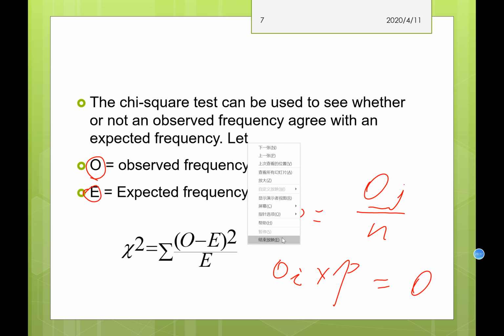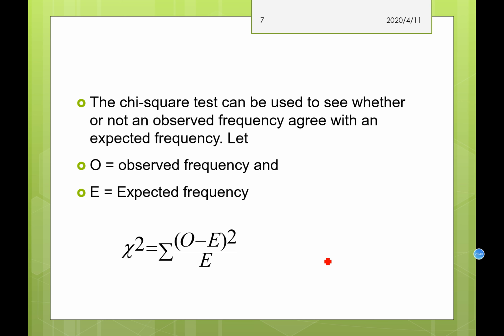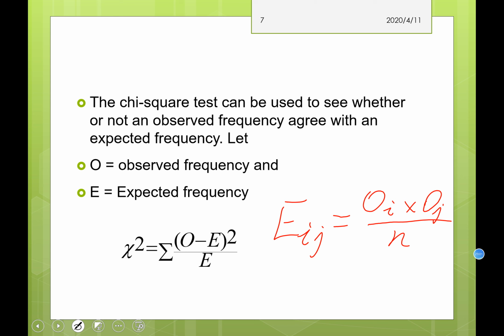So that means the expected frequency for a particular cell equals the row total of this cell times its corresponding column total divided by n, and we said that n is the summation of all the numbers in the R times C contingency table. So this is the formula for expected frequency.